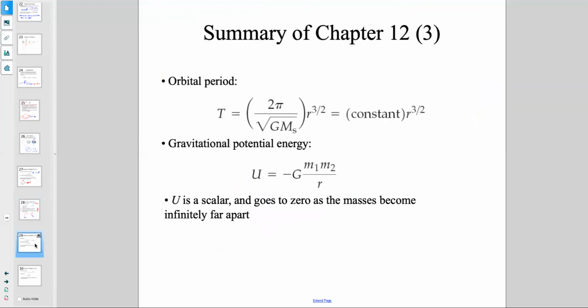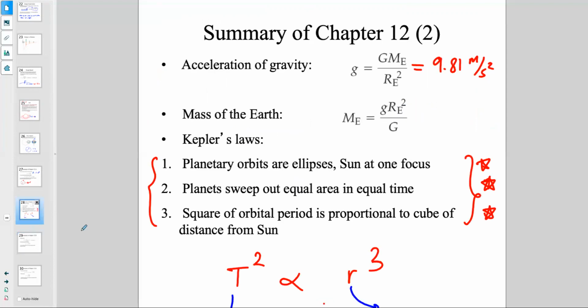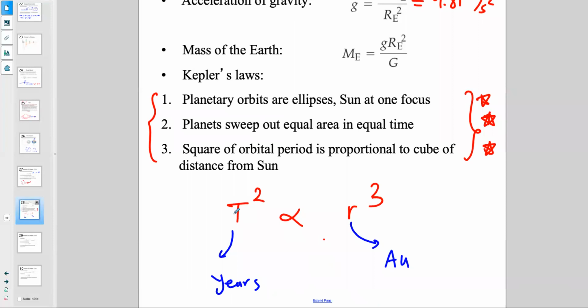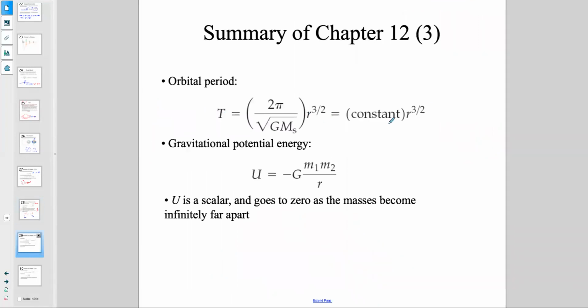And the orbital period is kind of like that, as I just said. T is a constant times r to the 3/2. This is exactly what we have here, okay? T is proportional to r^(3/2). I have proved this equation in the video a couple of slides back. You can go ahead and look it up.